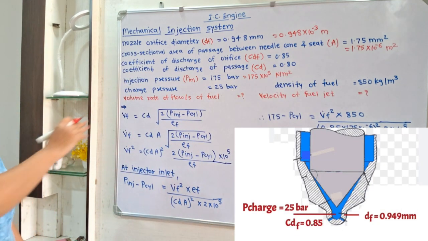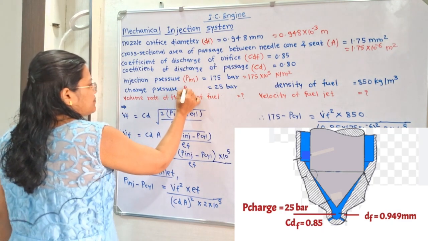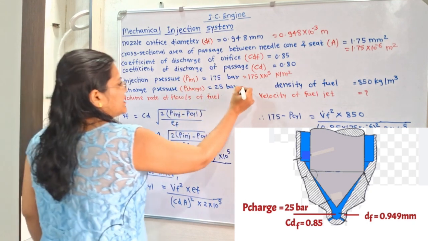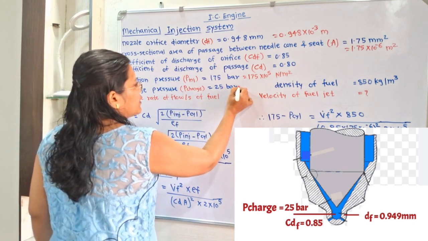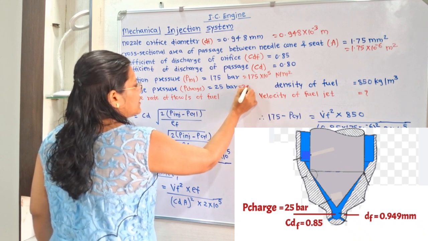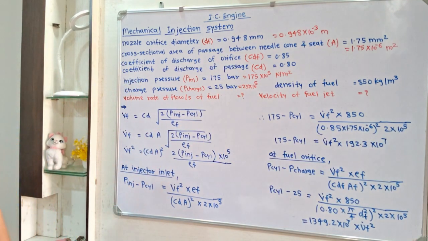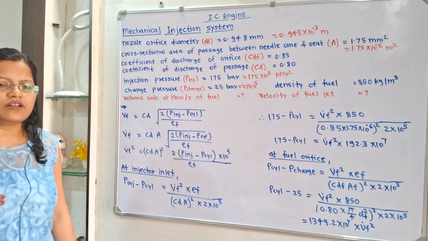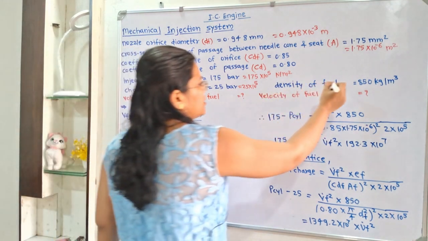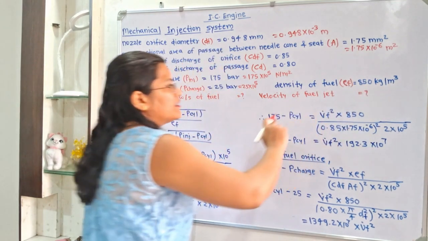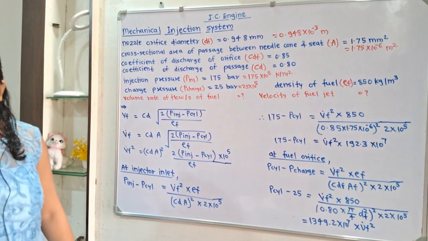Charge pressure, P charge, is 25 bar. Again we convert it into Newton per meter square, that is 25 into 10 raised to 5 Newton per meter square. Density of fuel, rho F, is 850 kilogram per meter cube.